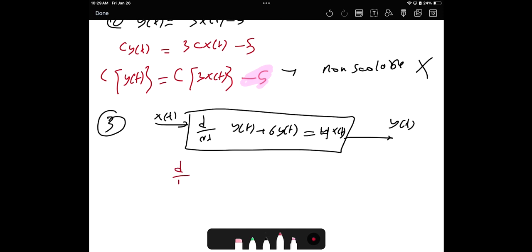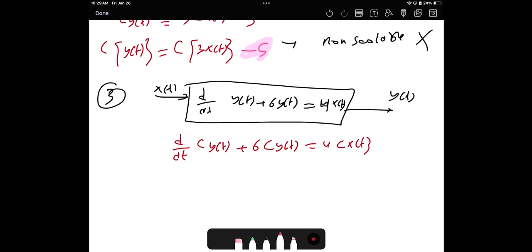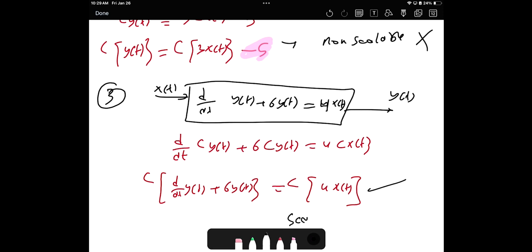So it will be d by dt c y of t plus 6 c y of t equals 4 cx of t. Can you isolate c in each side? Yes, we can. d by dt y of t plus 6 y of t equals to c 4x of t. Then, yes, it is scalable.